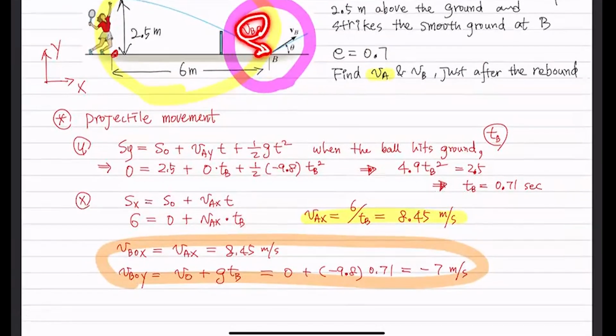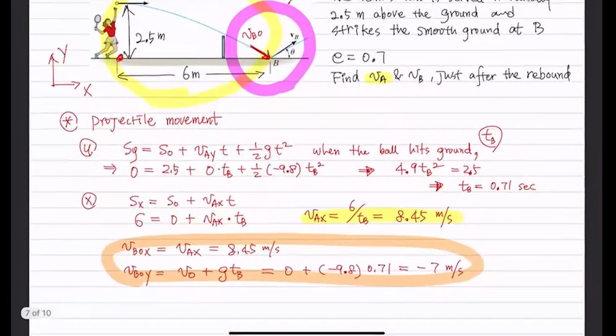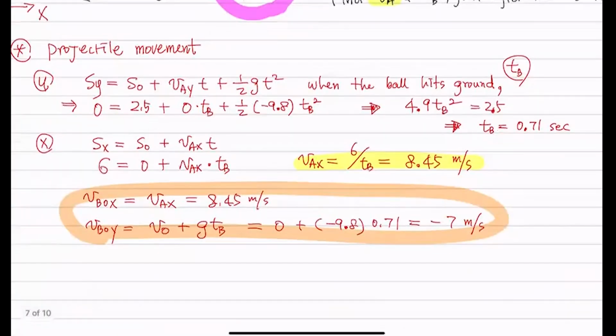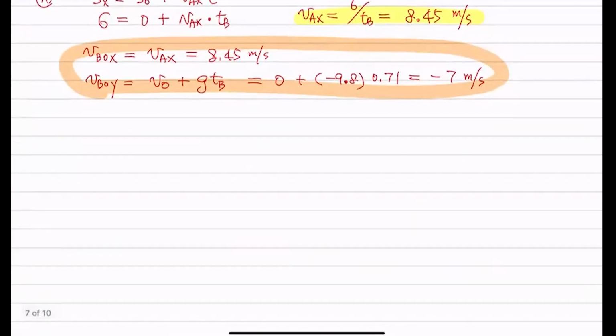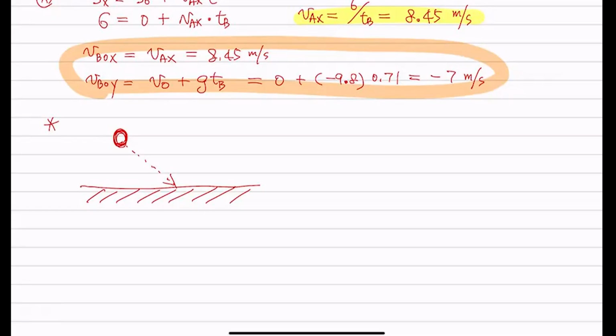But what we want to find out is when it bounced back. So we're now going to only focus on this part here. If I just draw that down one more time, we have a surface, right? And here's a ball that is about to hit the ground, and after it bounces back, probably it's going to move like this. So we would like to find what these components are. And actually, we know the horizontal and vertical components of velocity.